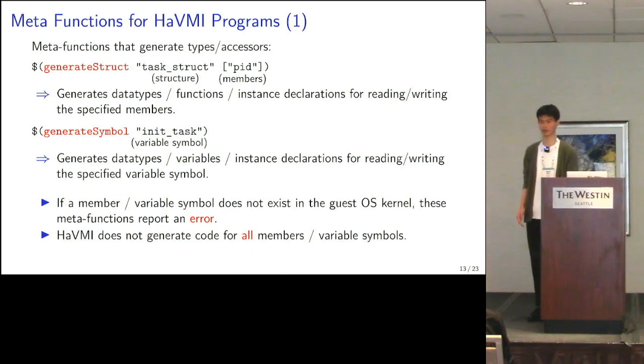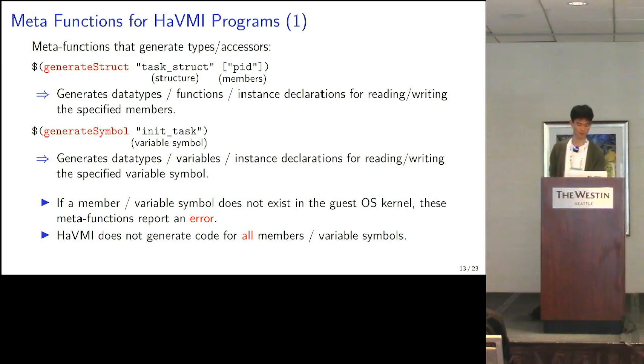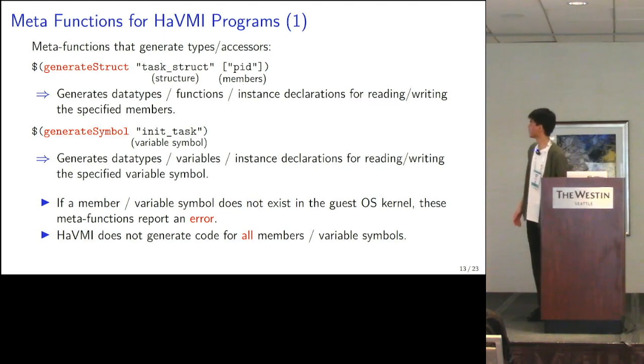Next, I will explain the meta functions in HaVMI. Two meta functions generate types and accessors. The first one, generate struct, takes a structure name and a list of member names, and generates data types and functions and instance declarations for accessing the specified members.